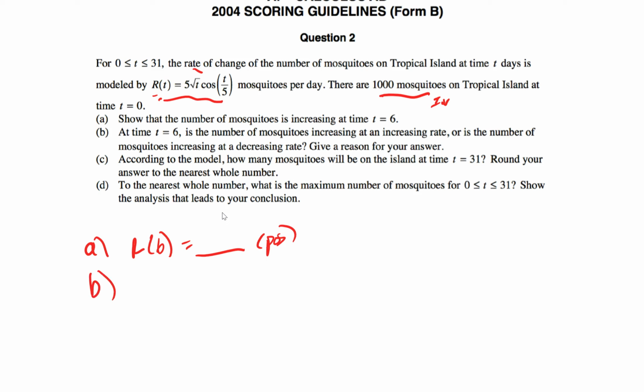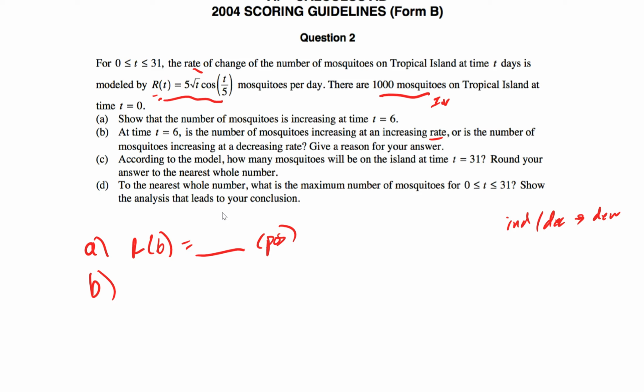B. At time 6, is the number of mosquitoes increasing at an increasing rate, or is the number of mosquitoes increasing at a decreasing rate? So notice how it's talking about, is the rate increasing? Our rate is R. Is that thing increasing? Well, increasing, decreasing in general has to do with the derivative.